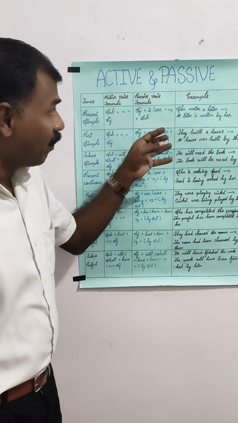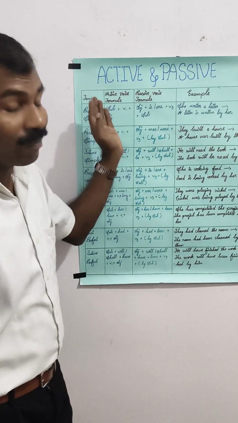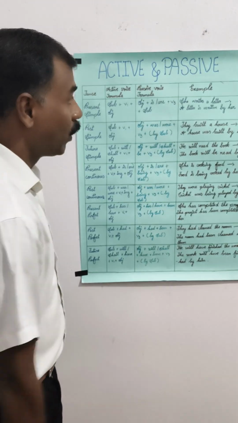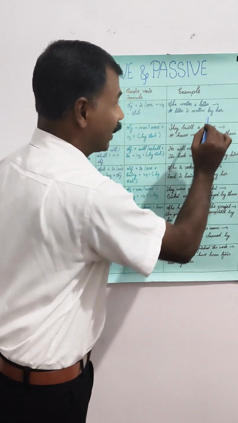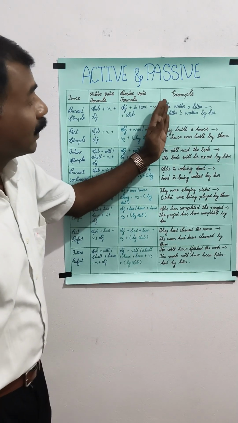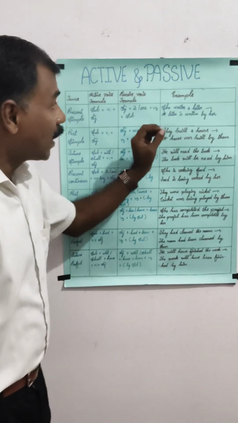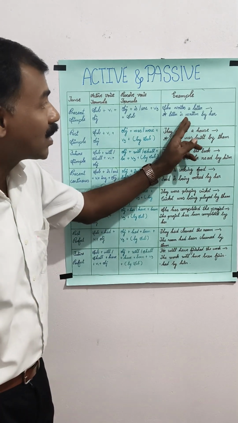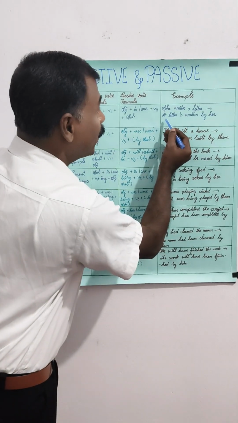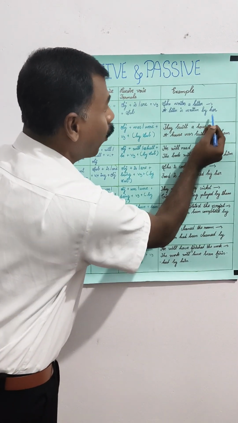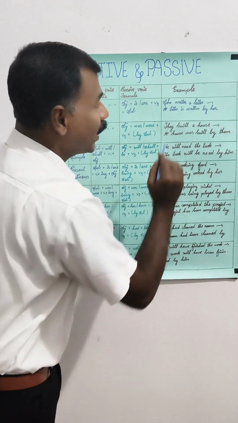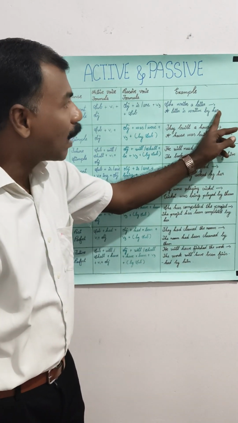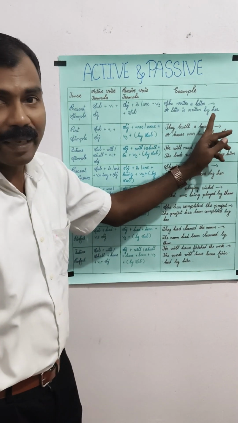So the sentence she writes a letter is converted into passive voice. Here you can see the object became the subject and the subject became the object. In front of that subject we use by.